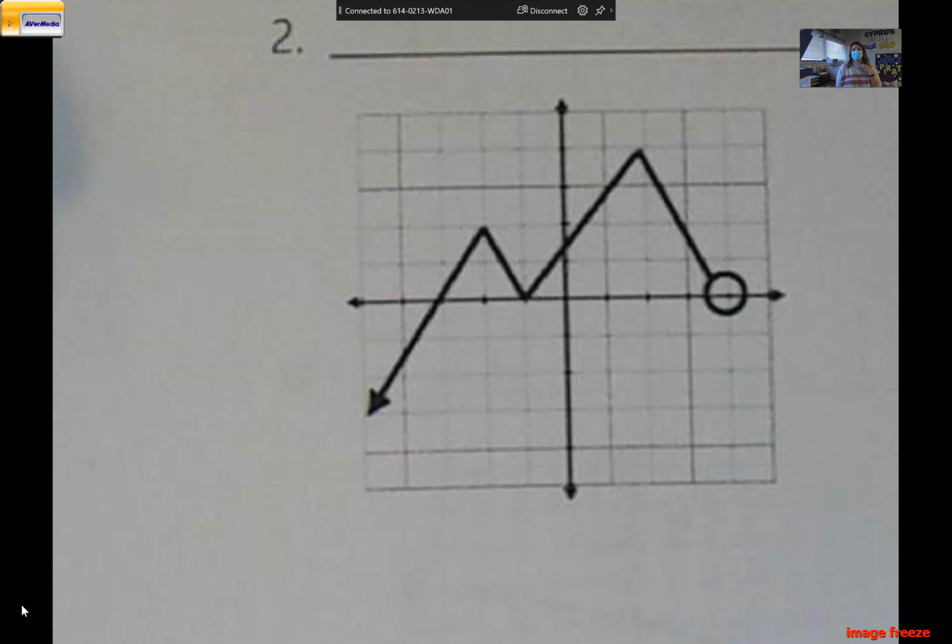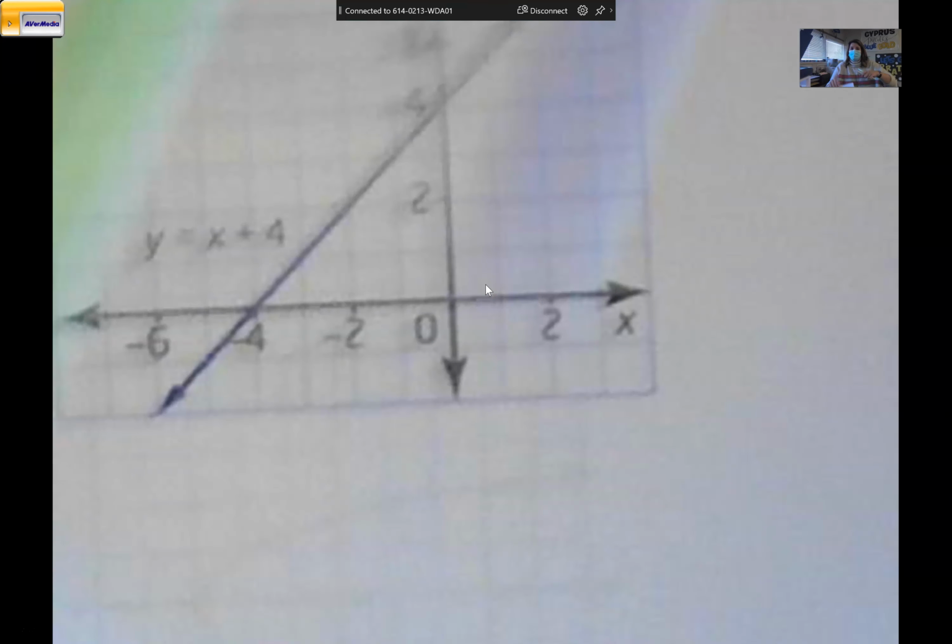Negative infinity to 4 with parentheses. Both are parentheses. Oh, this one's a good one.